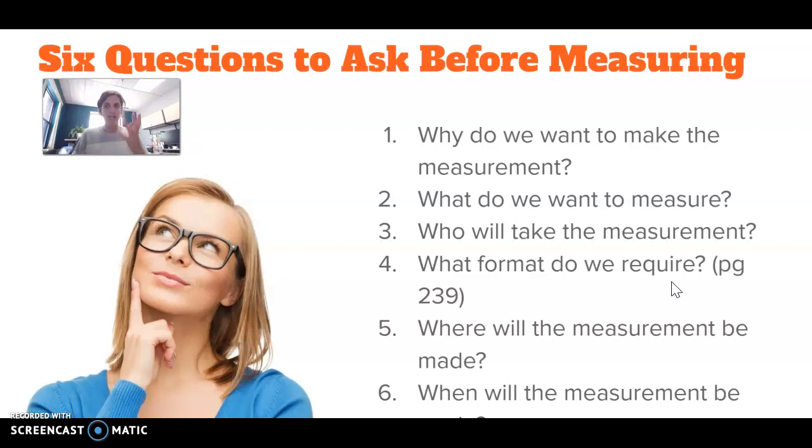So again, what kind of data do you want to collect, and how do you get the most specific data? How are you going to word, design, and create the questions? I would encourage you to go to page 239 because it gives some visual: you're asking the same thing, but eliciting different types of responses, all of which have value, but what is going to benefit you the most.